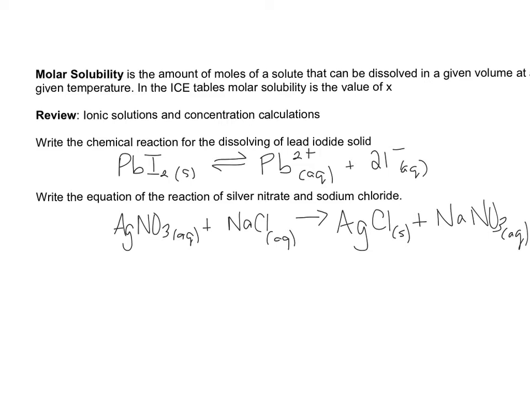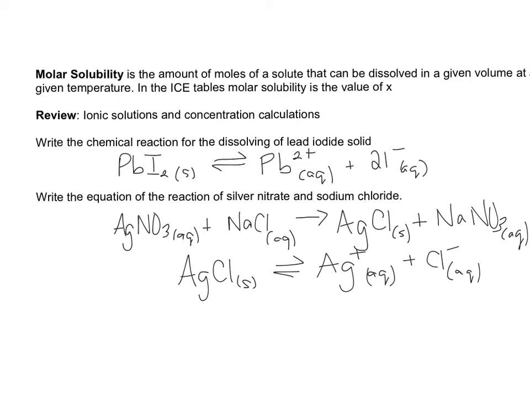Now, from this, you would get your solubility equilibrium. Silver chloride is our solid, so it would be an s, and then it will come to equilibrium with its ions. Again, remember, chloride is Cl-.